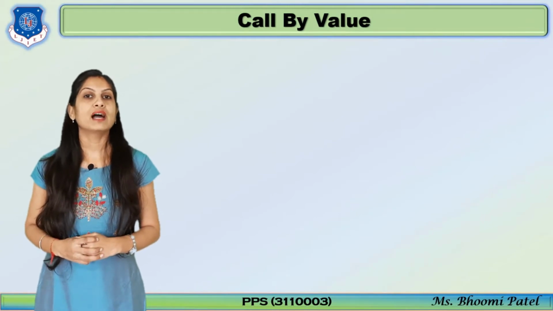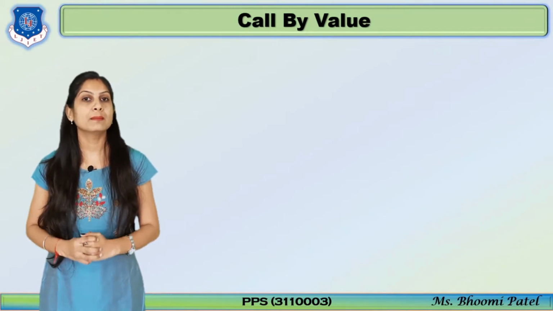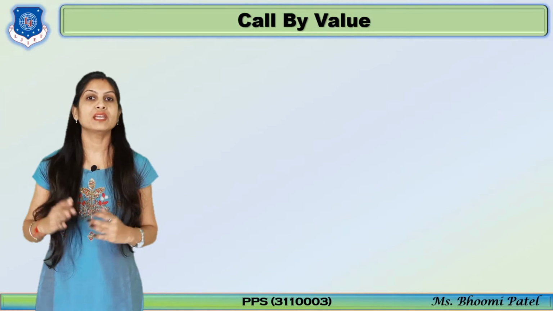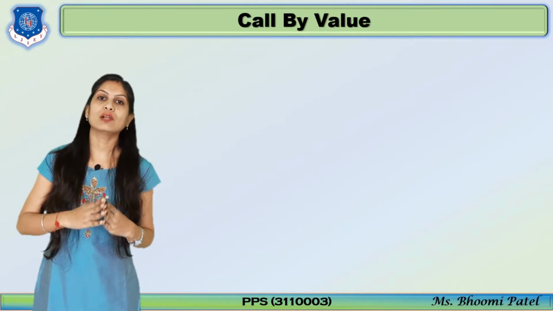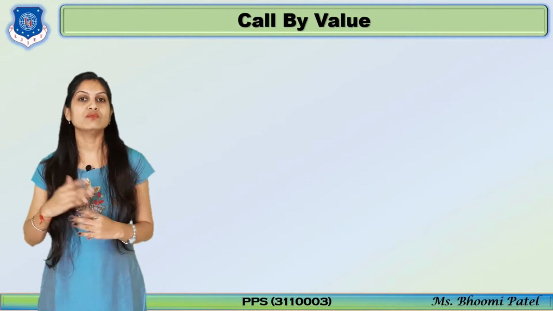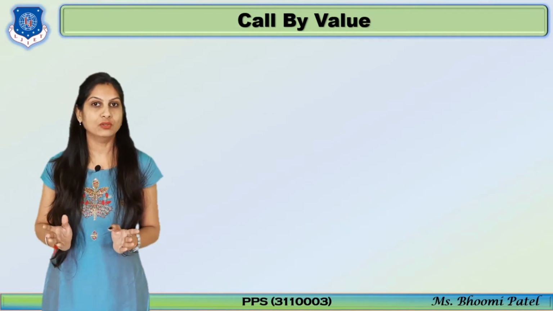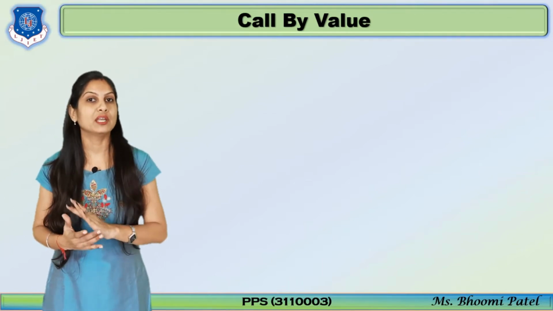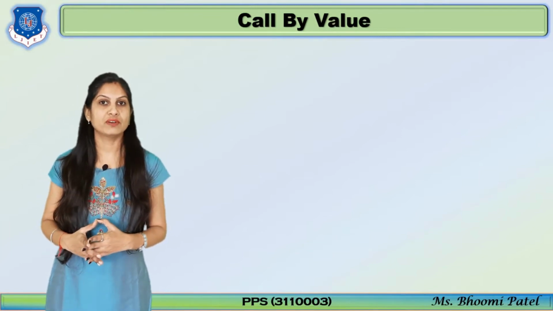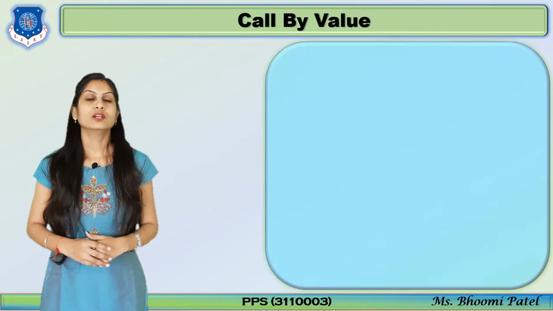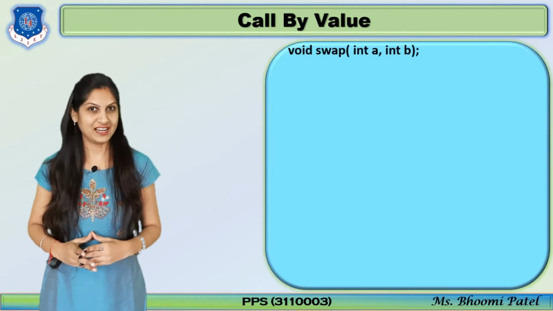Clear? So now start with the very first, call by value. Here in call by value we are taking the simple example of swapping the values of two variables. Suppose a equals 10 and b equals 5, then we have to interchange the values so that a equals 5 and b equals 10. How can we write the program using user defined functions? Let's see. First is a function declaration.